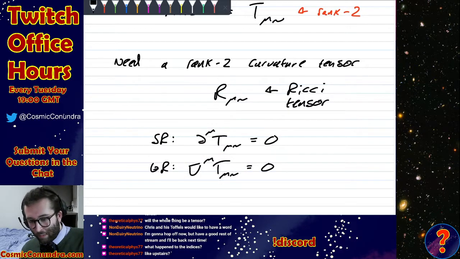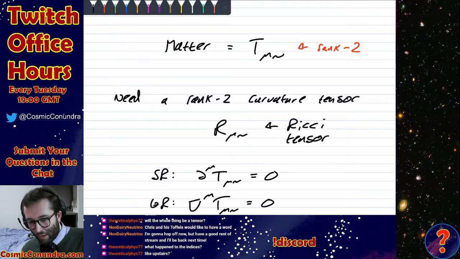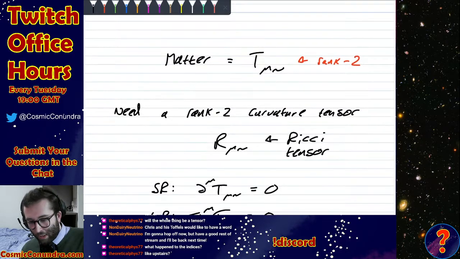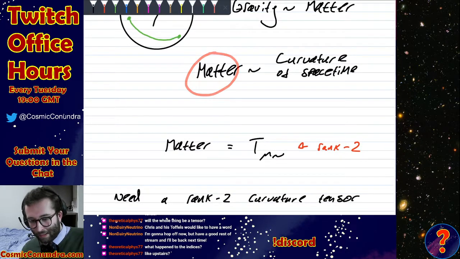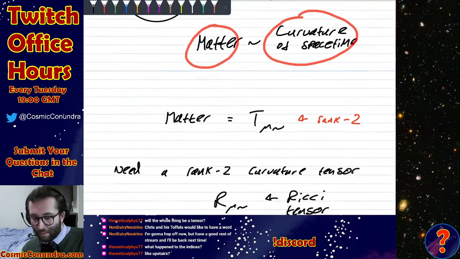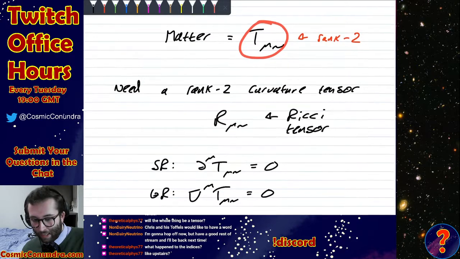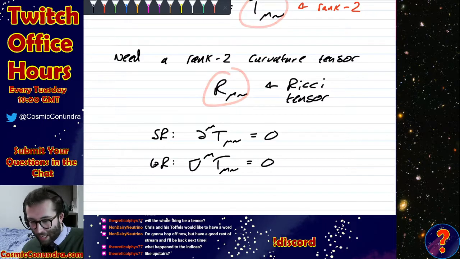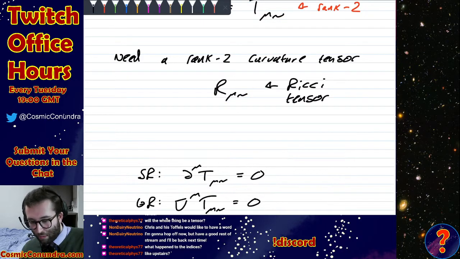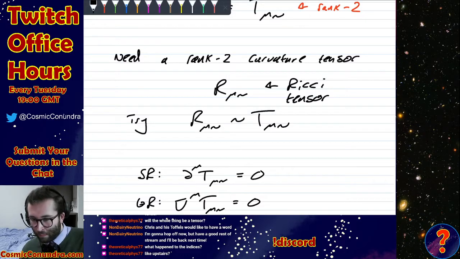But remember, what we're doing is we're setting matter equal to curvature. Here was our matter tensor, and the first try Einstein had was R mu nu, the Ricci tensor. So his first try was to set R mu nu approximately equal to T mu nu. That was his first go.